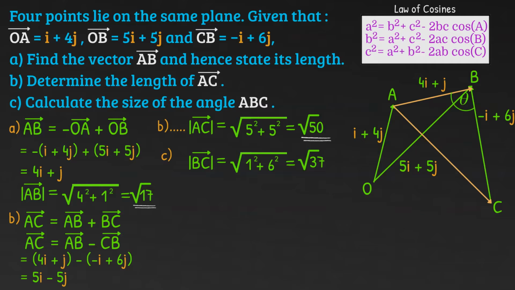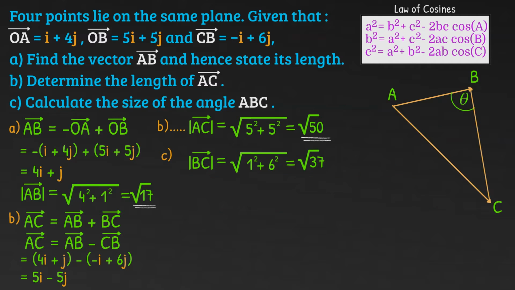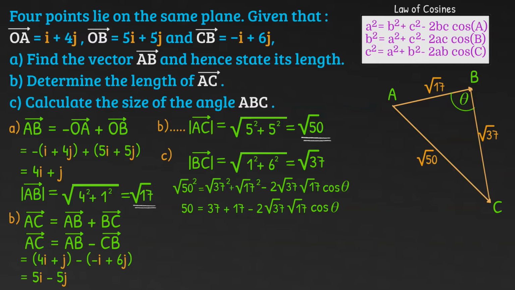So now we can tidy up the diagram a bit and take off the non-essential lines and add on the lengths of the sides of the triangle. And remembering that the length B is opposite the angle B and the length A is opposite the angle A, etc., we can put the numbers we have into the equation and we get this. The squared and the square roots cancel out like this, and then 50 minus 37 minus 17 is equal to minus 4, so we get this.